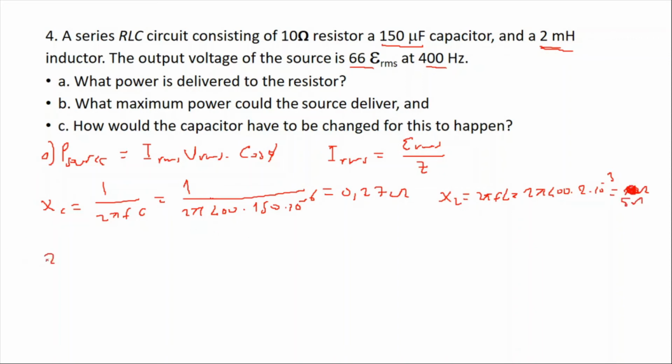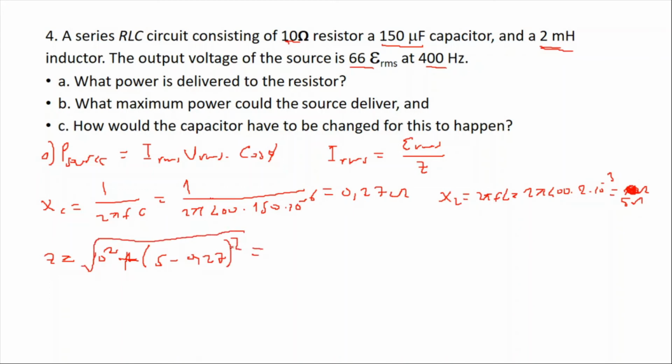The impedance Z is equal to the square root of R squared, it is 10 squared, R is equal to 10 ohms, plus XL, which is 5, minus the XC, which is 0.27, squared.